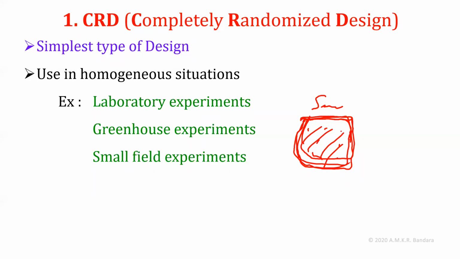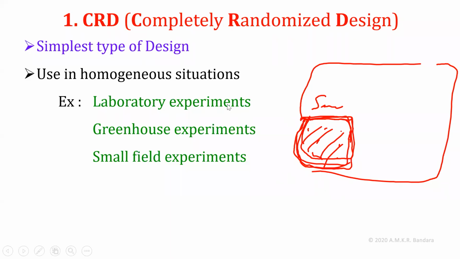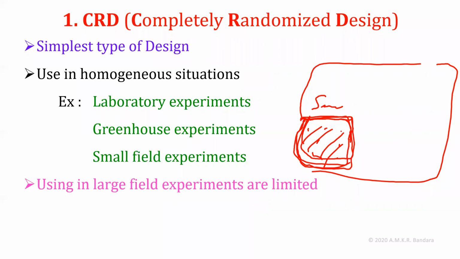But when the area is getting large, we cannot provide homogeneous conditions. Therefore, we can use CRD design for small field experiments, not large experiments, because when the experiment is getting large, we cannot find a homogeneous land area. Use in large field experimentation is limited due to the impossibility of finding a large homogeneous land area.